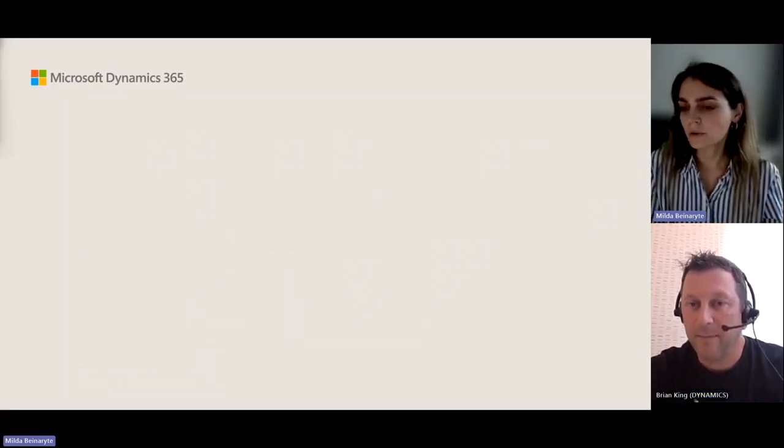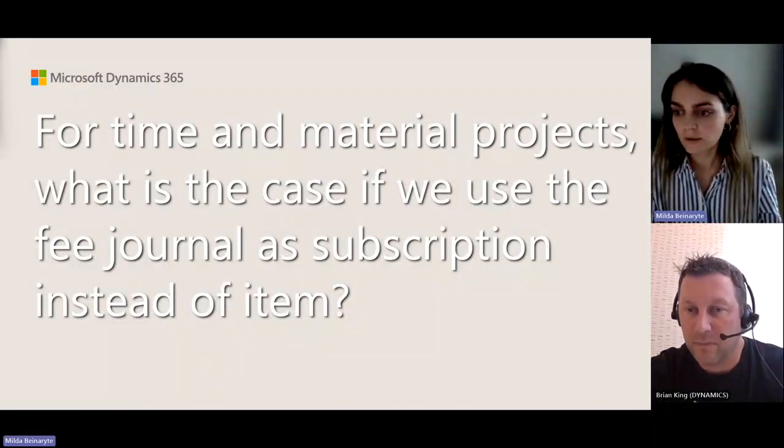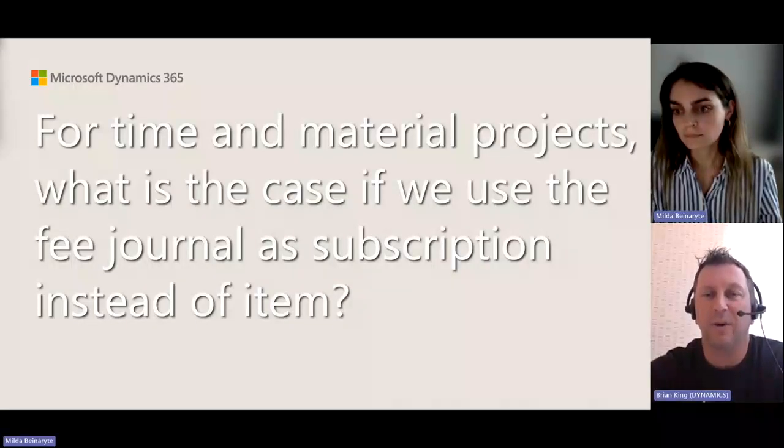Brian, I also see one question from Mashwani. For time and material projects, what is the case if we use the fee journal as subscription instead of item? Oh, for the fee journal? So that's where, for instance, I think there was a question about using the on account earlier, like on a fixed price scenario. So you could use that fee journal. So if you had a fee that you wanted to record the revenue, because fee is going to be an interesting one because it doesn't have the cost side.